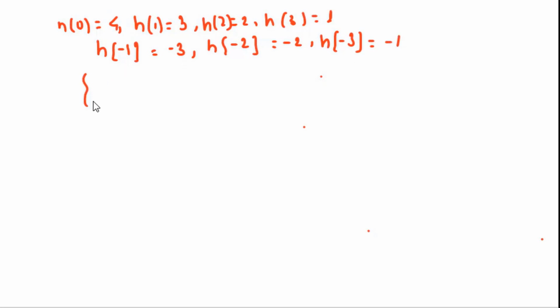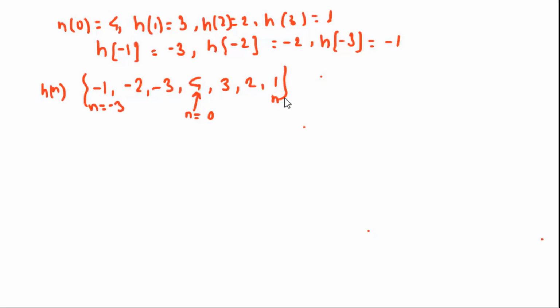Or you can write h of n as -1, -2, -3, 4, 3, 2, 1, where the 4 is the n equal to 0 point, n equal to -3 is at the left end, and n equal to +3 is at the right end.